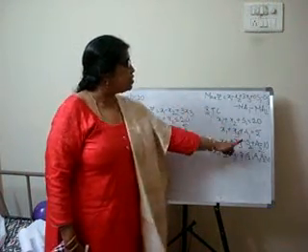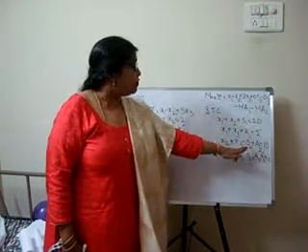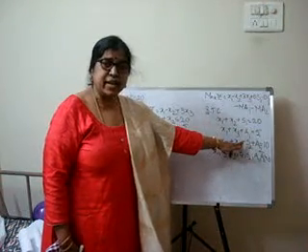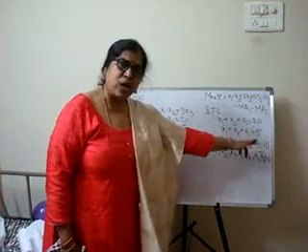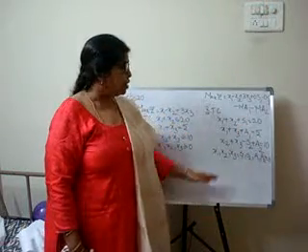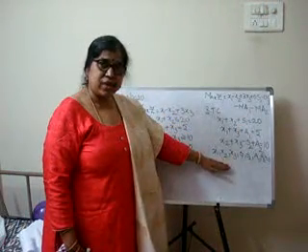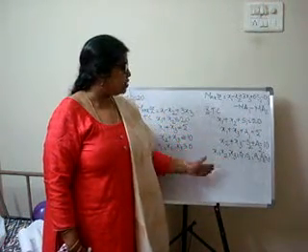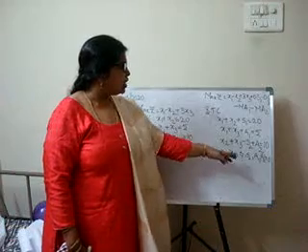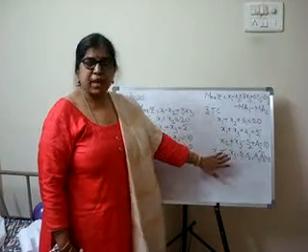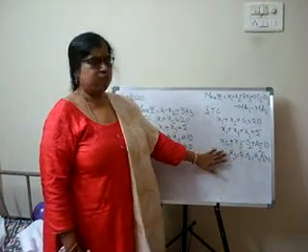Here we have introduced a surplus variable. Surplus variable will come with a negative sign, so we have to add an artificial variable. And this is the non-negativity condition. It has to be satisfied. So whatever we have introduced, we have to make them all positive.